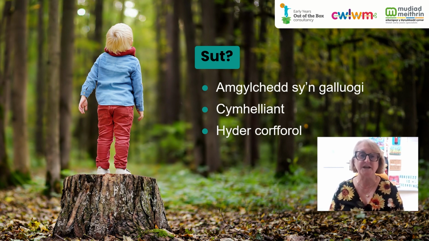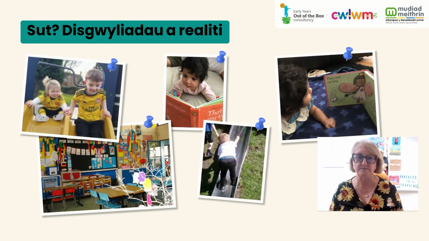We can create that enabling environment that recognises who the children are. We can be motivational. We can be excited. We can have that joy and excitement. And we can give the children physical confidence. But in order to do this, we need to challenge our expectations and the reality.